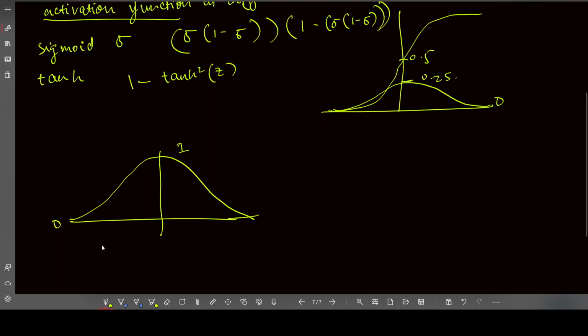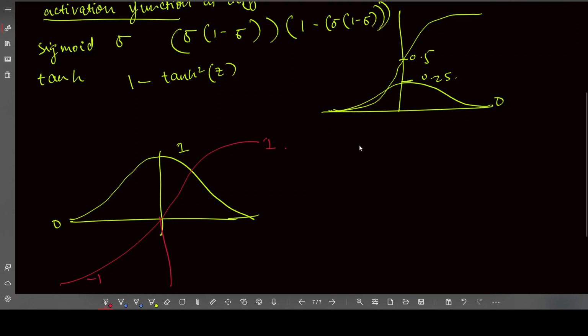But the differentiation of tanh is like this, and it goes from 0 to 1. This is the differentiation of tanh.